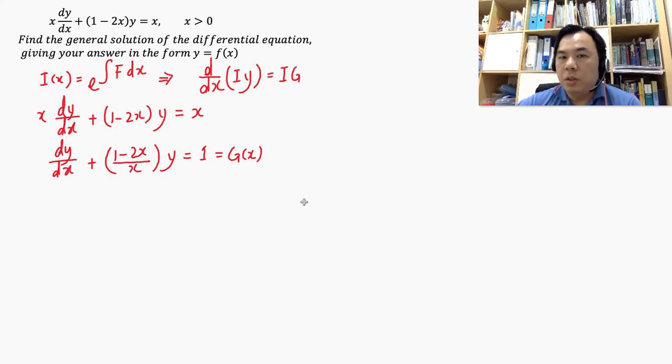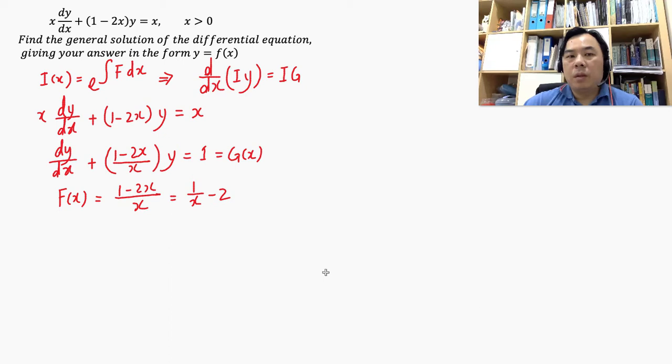This is the function of g, right? Whereby the function of f itself is given by (1 minus 2x) over x here, or you can simply write it as 1/x minus 2. Right. So I hope that is clear.